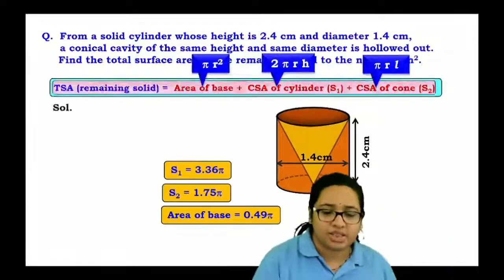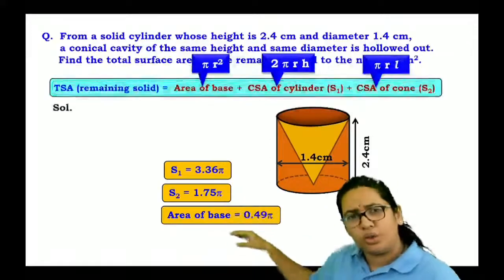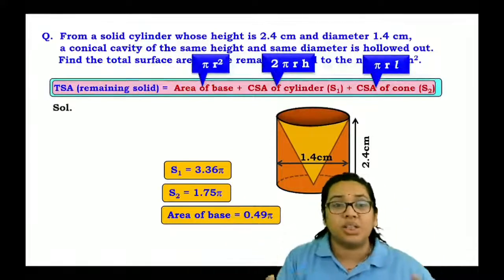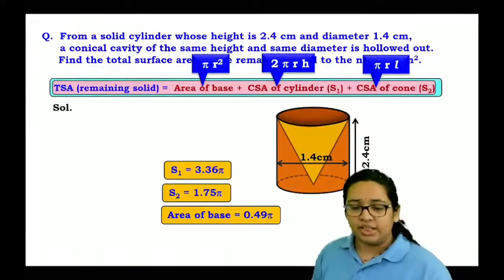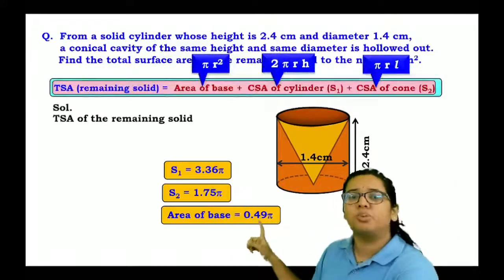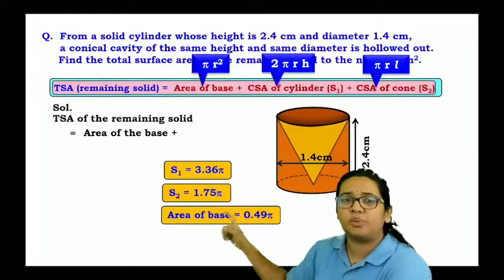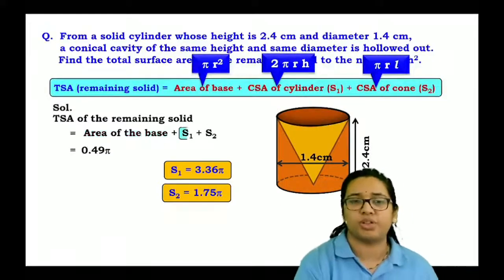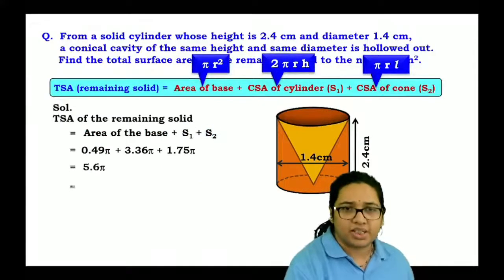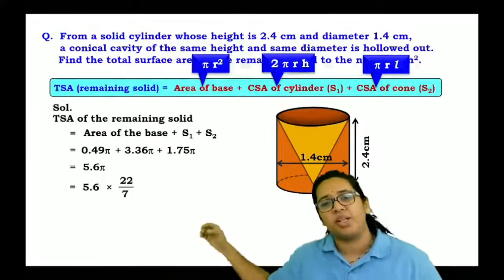For the next case, we just have to add all those values so that you will get the total surface area of the required solid. That is S1 plus S2 plus S3. So 3.35 pi plus 1.75 pi plus 0.49 pi. Finally, its answer will be 5.6 pi.